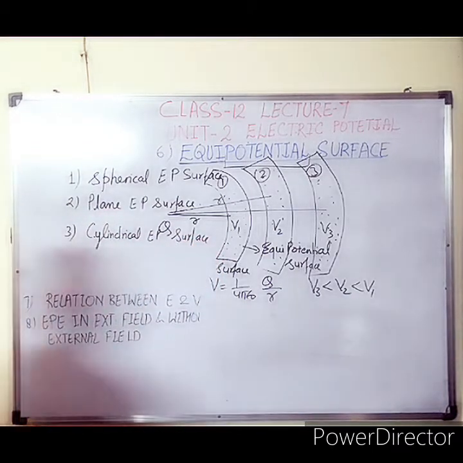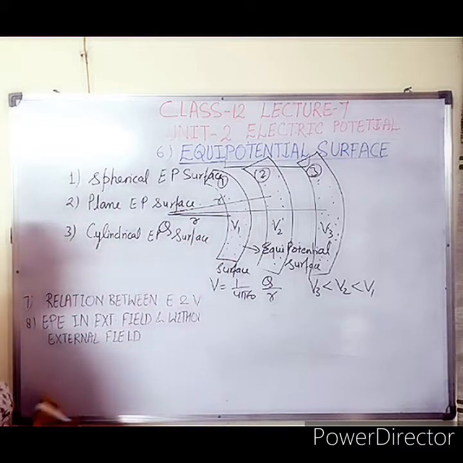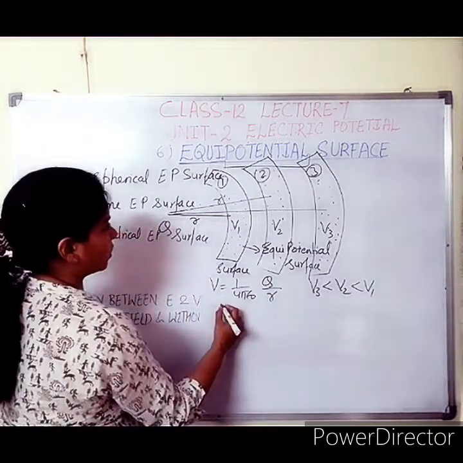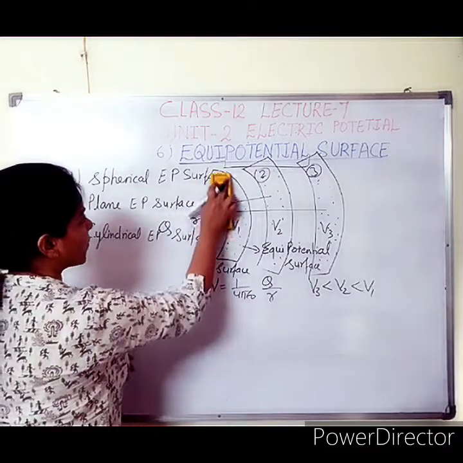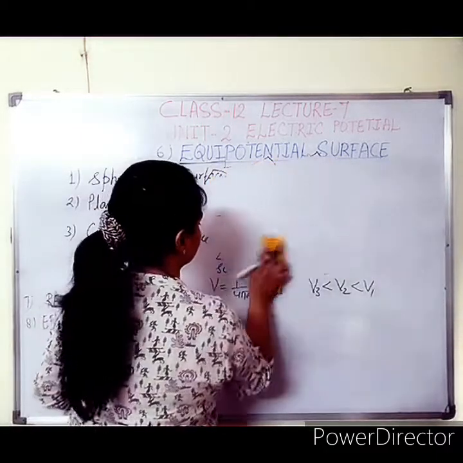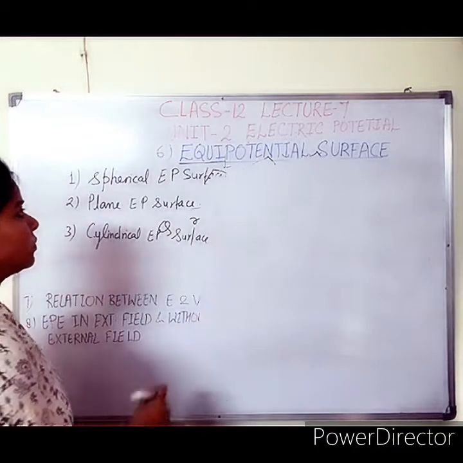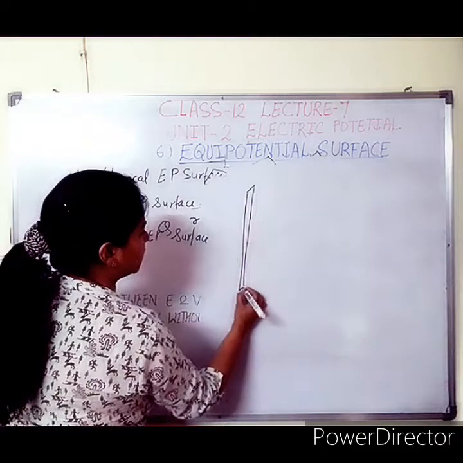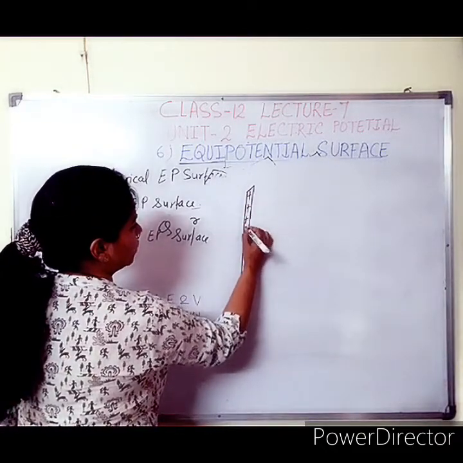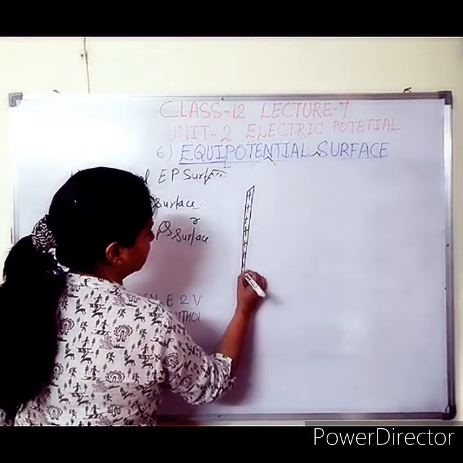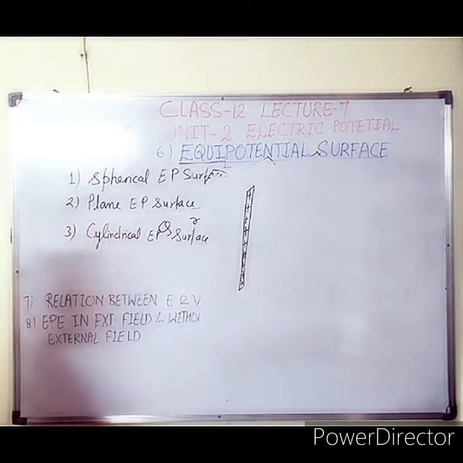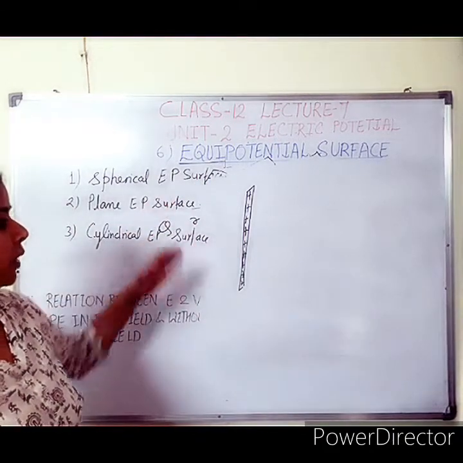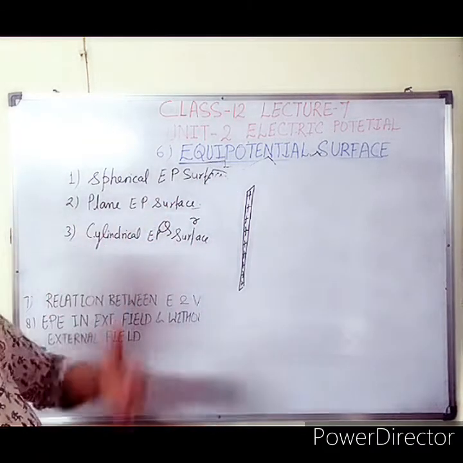Now how will we get the plane equipotential surface? You can see here. In place of point charge, if we are taking a line charge, this is a line charge. In Gauss theorem, I explained 3 applications of Gauss theorem. In those applications, we discussed line charge, plane charge, and spherical charged conductor.